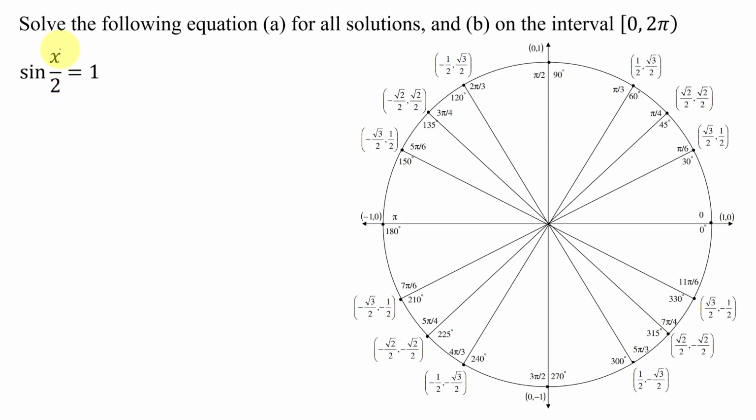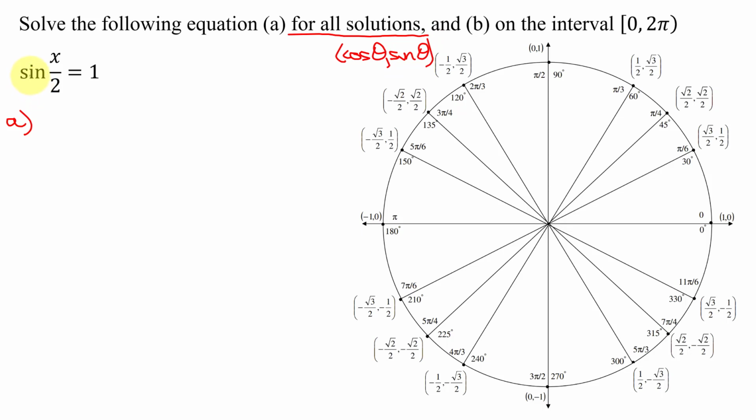And whenever the argument is x over 2 or 2x or 3x, we always like to find all solutions first before we find ones in the given interval. Now remember, for points on the unit circle, the x-coordinate is the cosine of that angle and the y-coordinate is the sine of that angle.